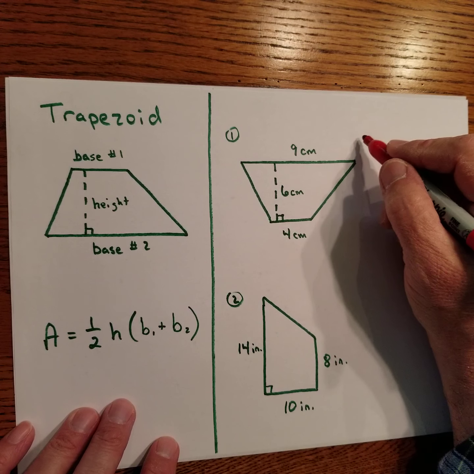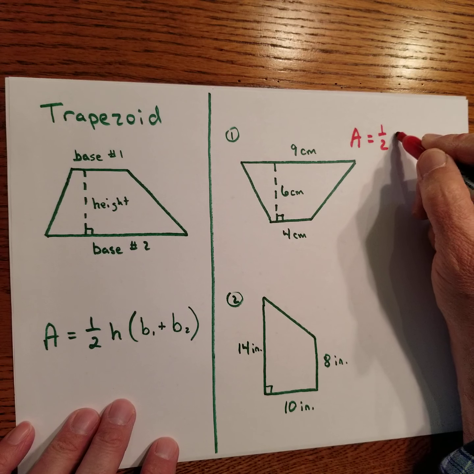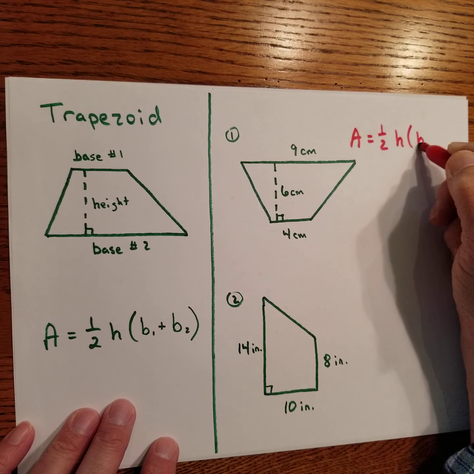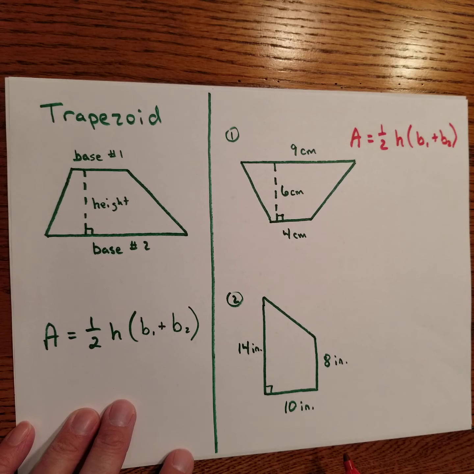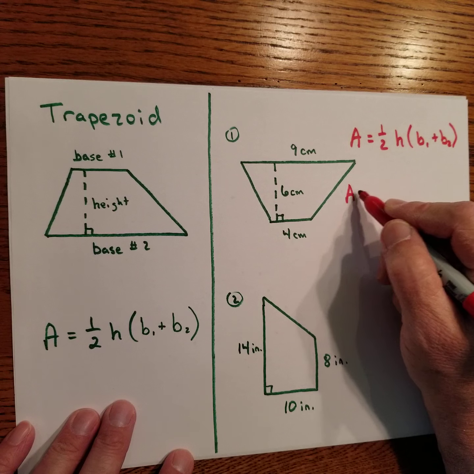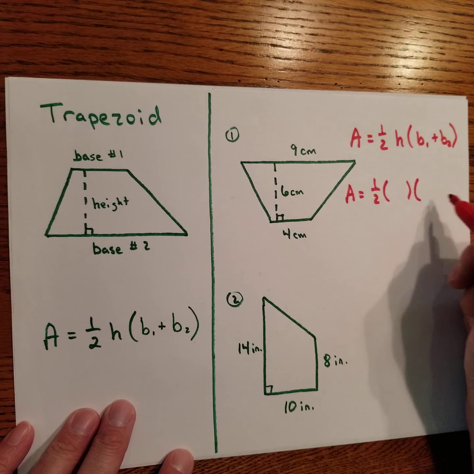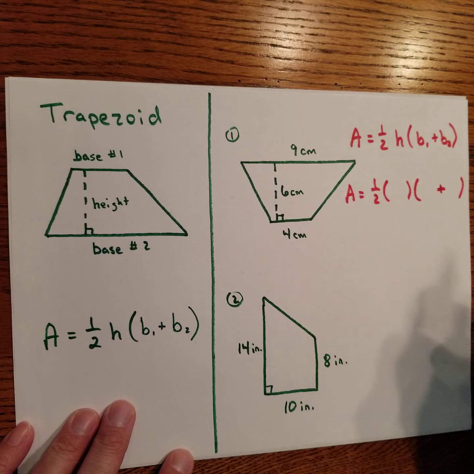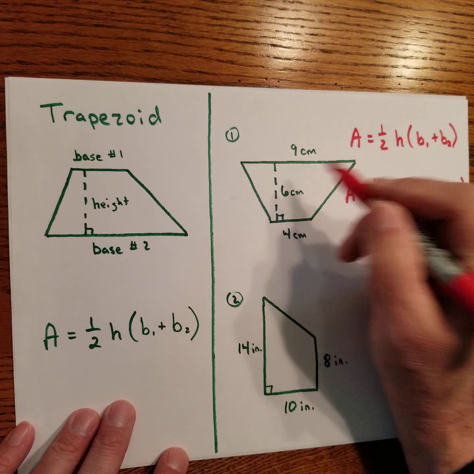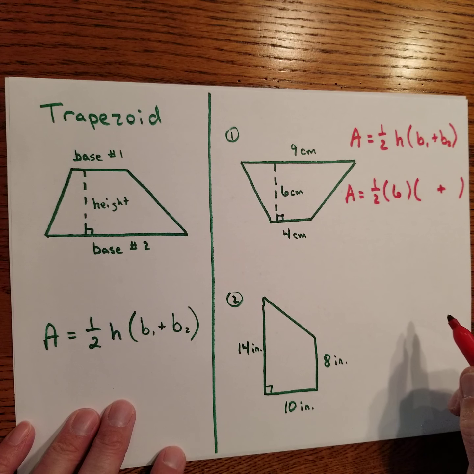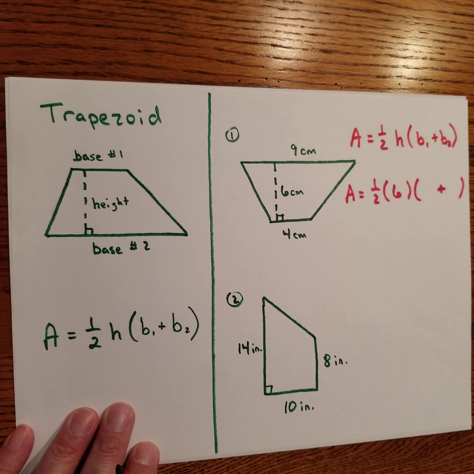Let's try number 1, where area is 1/2 height times the sum of the two bases. Let's plug in. I'll need to plug in a number for the height, and I'll need to add the two bases together. The height, that's the 6 centimeters. The two bases are the sides that are parallel to each other.